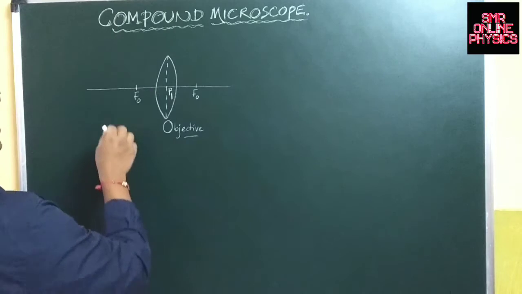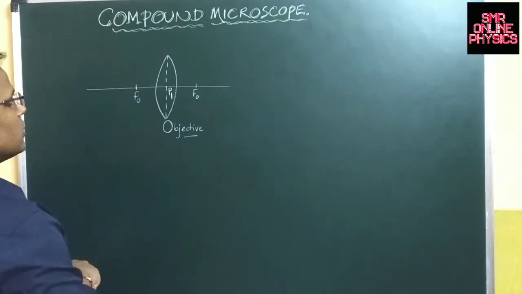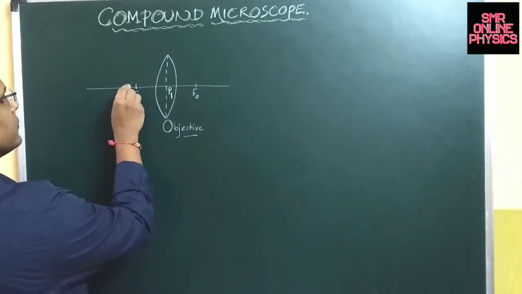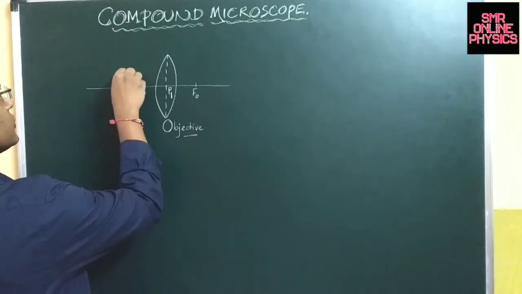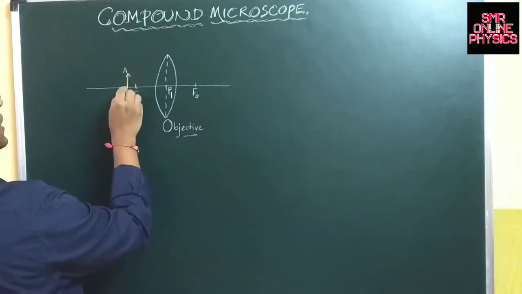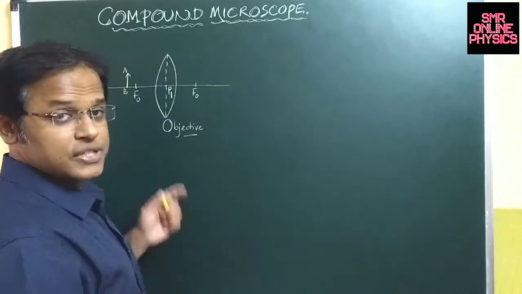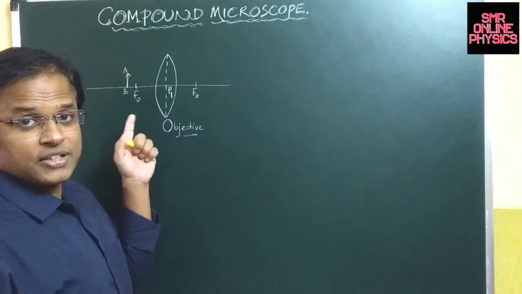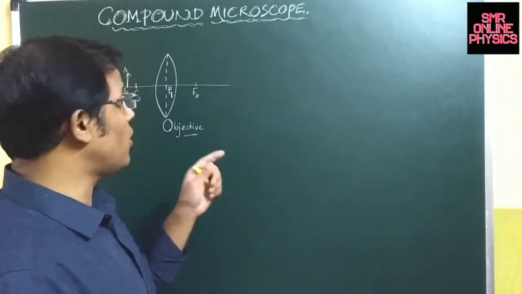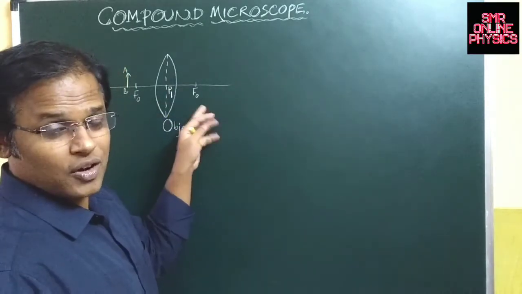So first of all, the object will be placed slightly beyond the focal length of this objective. So this is the object which I'll mark as AB. Great. Now to compound this effect, because you know exactly where this image is going to form. The image is going to form beyond the focus, on the other side of the lens.